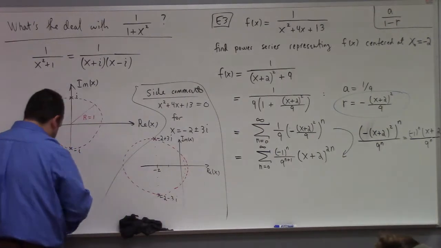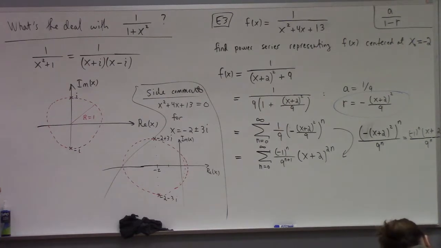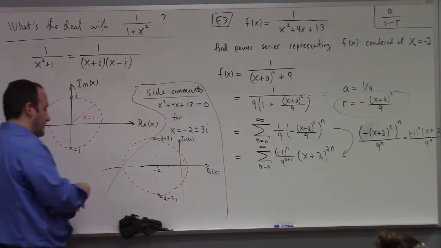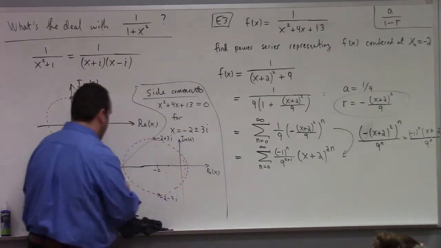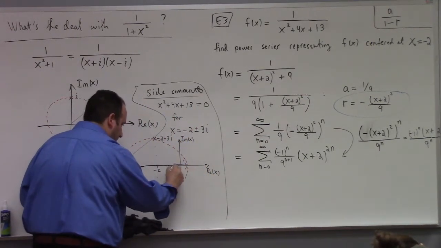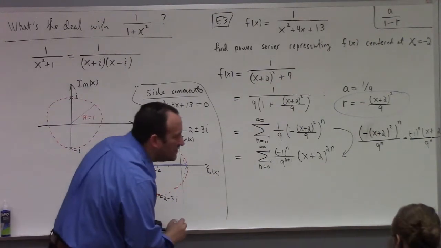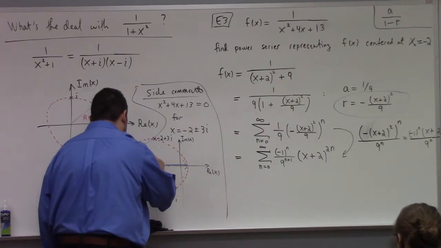And if you look at that, the intersection of that disk with the real line is going to be our IOC. So like this right here is the interval of convergence. What was it? Minus 5 to 1, yeah.